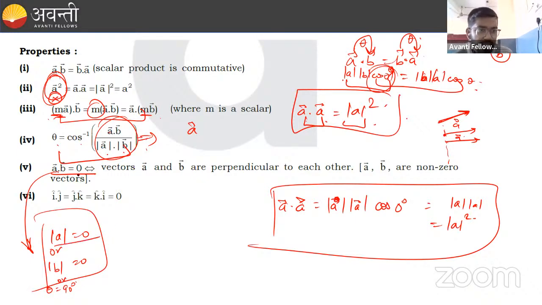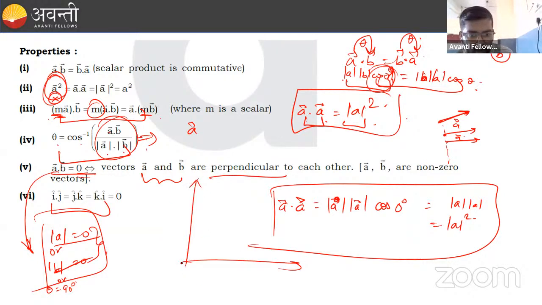If a is 0, the answer comes out to be 0. If b is 0, the answer comes out to be 0. If these two are not 0, then cos 90 is 0. So when theta is 90 degrees, that means a bar and b bar are perpendicular to each other, right? So we understand this thing.